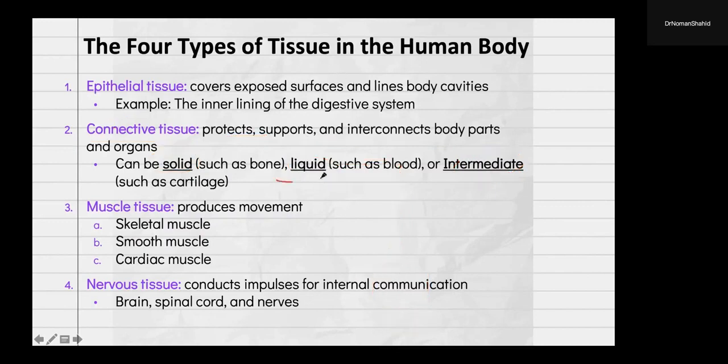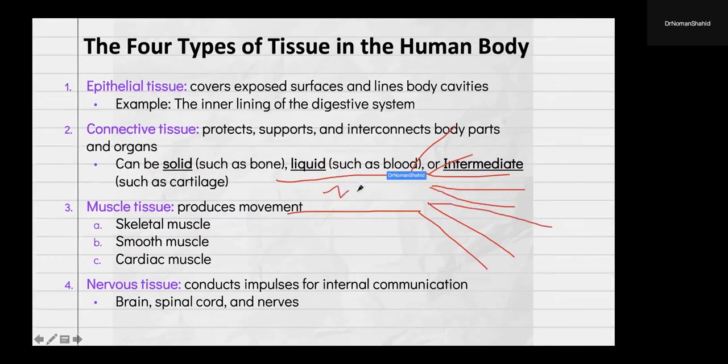And then we have blood vessels. And in the blood, what do we have? We have oxygen, nutrients, glucose, amino acids, fatty acids, and these are known as nutrients.